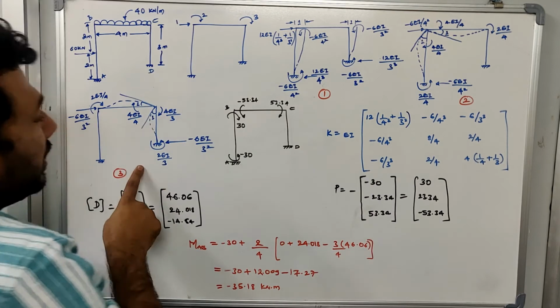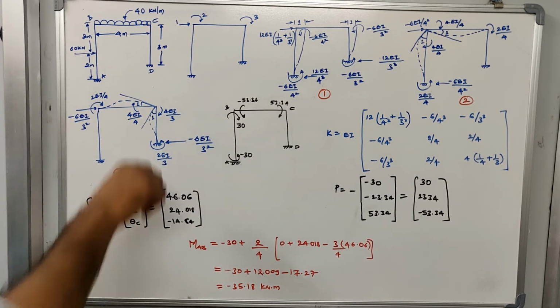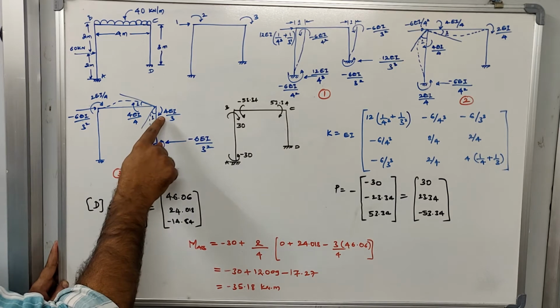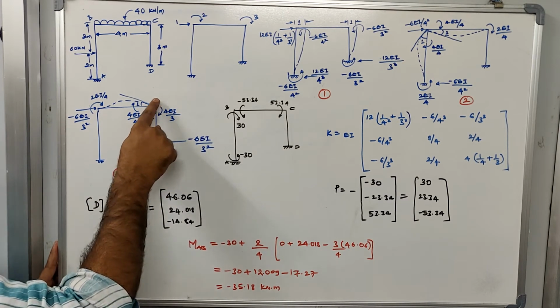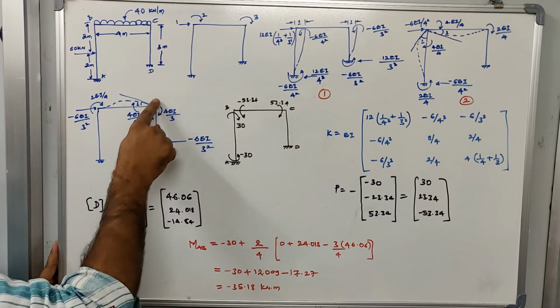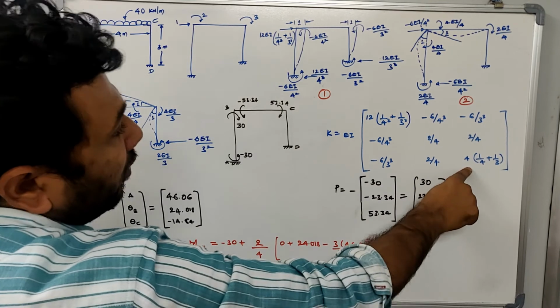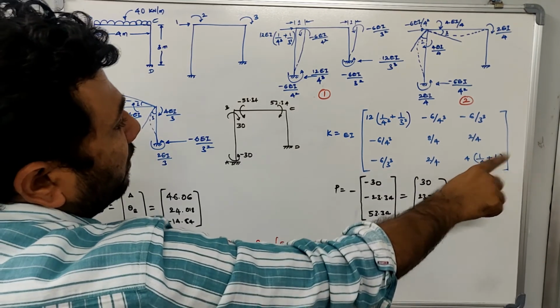Now the last one is third coordinate. At the third coordinate again we are applying the unit rotation as we know. So the moment that is created at the third coordinate because of the application of unit rotation at the third coordinate is this much, 4 into bracket 1 by 4 plus 1 by 3.